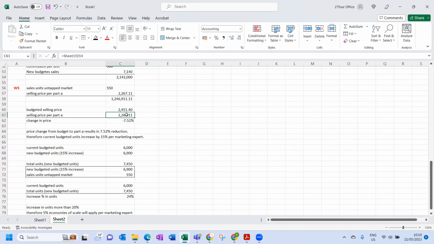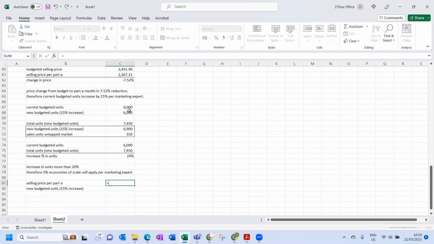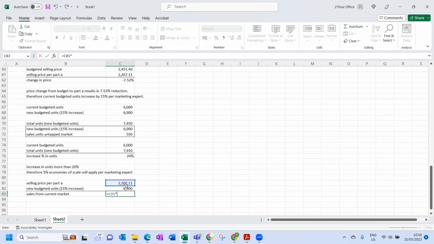We're going to be using the new budgeted sales and the selling price from part A. So if I take the budgeted units over there, sales from current market is going to be equal to that multiplied by that.